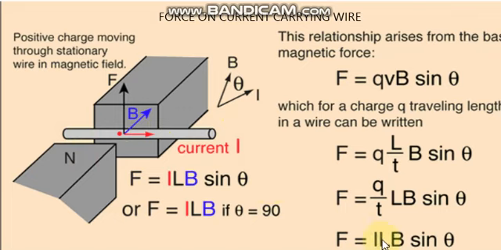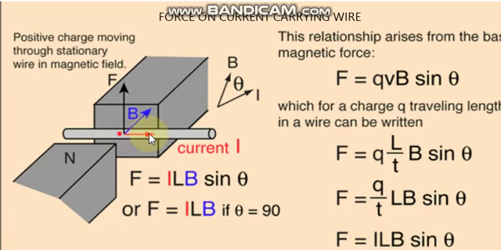This L is actually the displacement vector in which the charge Q is displaced along the conductor or along the wire. Since it is a vector, its magnitude will be equal to the length L of this conductor, and since the charge is being displaced in the direction of the current, the direction of this vector will be the direction of the current in the wire.